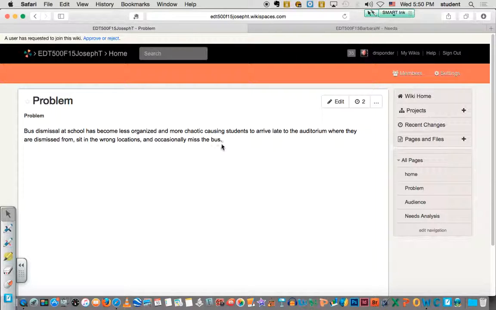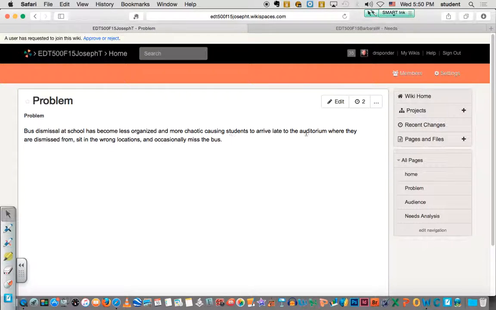Elaborate on each. Yeah, so what you want to do is elaborate with just the problems. You don't want to put anything else in here except what you see as a problem, and there are lots of problems with this. Could be buses miss their mark. Buses are routinely late. Don't say why. Just say it's been. I would just say bus dismissal.